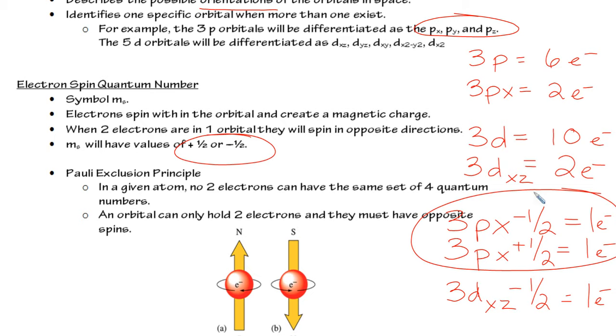Now this makes sense. It's kind of like no two houses or buildings would ever have the same address. That'd be ridiculous. You'd have mail coming to different spots. It's kind of the same thing with electrons. No two electrons will have all 4 quantum numbers the same. They could have the first 3, and then we're talking roommates. But they would always spin opposite.